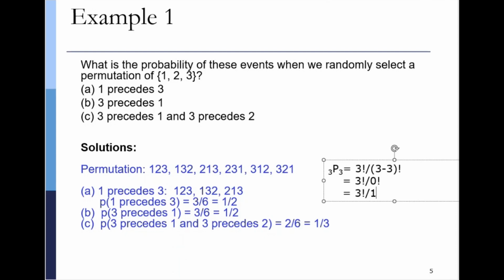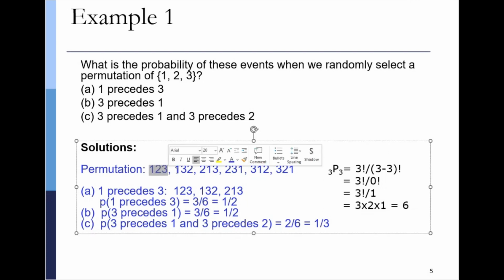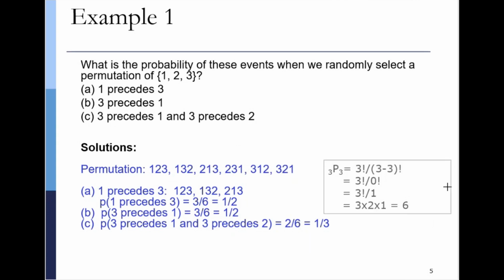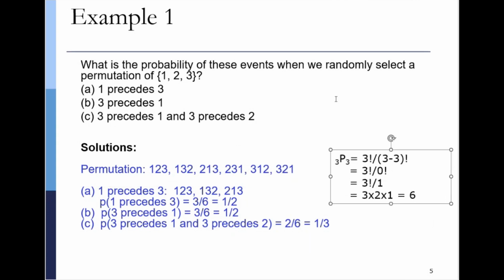We don't bother about the bottom anymore. We just need to solve 3 factorial, which is 3 times 2 times 1. Total number of possible arrangements, 6. You see? 1, 2, 3, 4, 5, and 6. So I'm just showing you how we can apply the permutation formula.